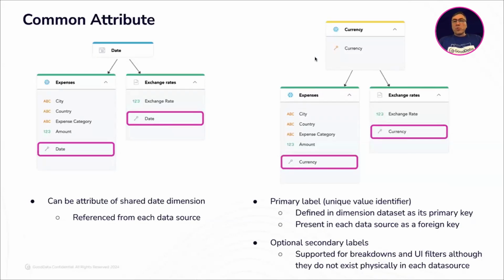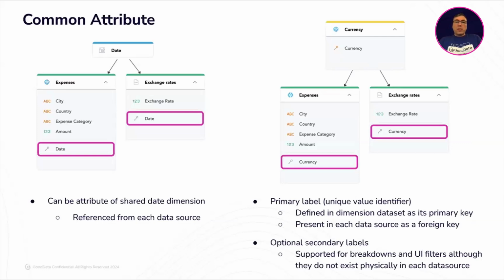Also, other regular attributes can be common attributes. For example, here I have currency attribute, and currency exists as a foreign key in expenses dataset, and also as foreign key in exchange rates, which is in different data source. And therefore, it is possible to calculate, for example, sum of amount in Snowflake, and, for example, average exchange rate in a CSV file, and then combine these results together using the same currency attribute.